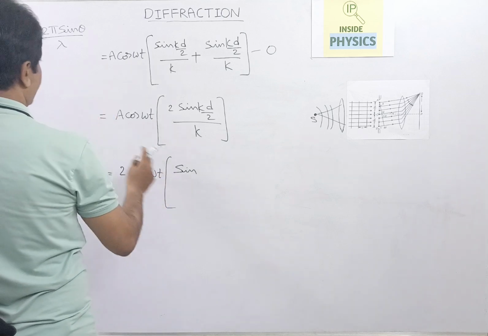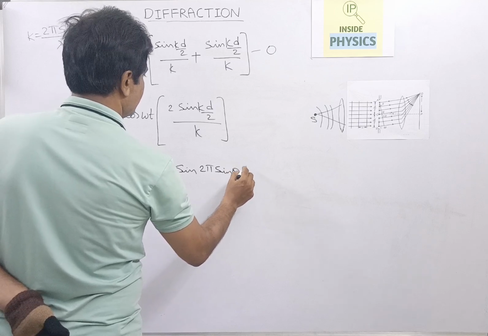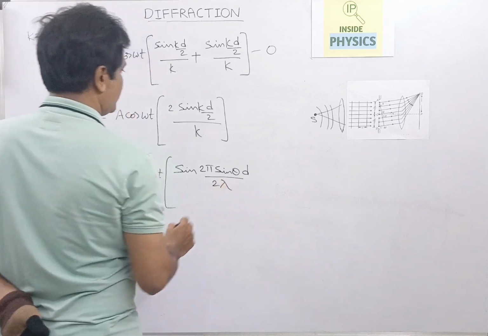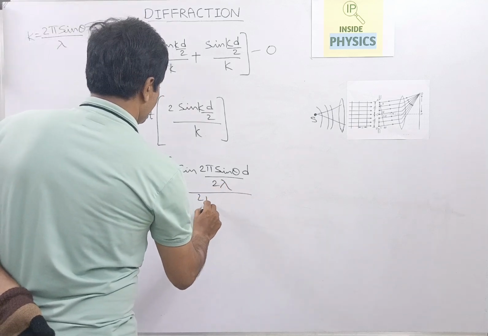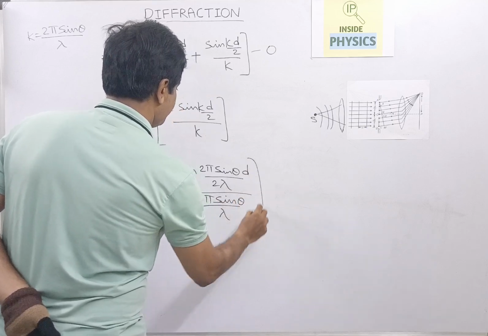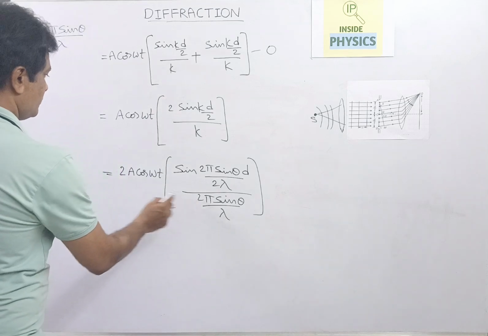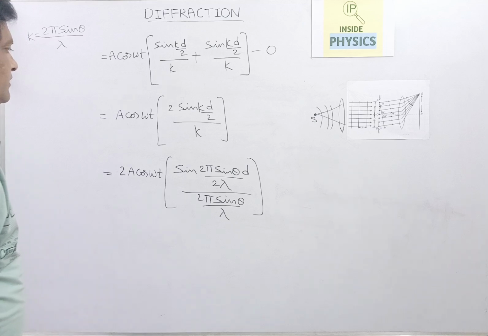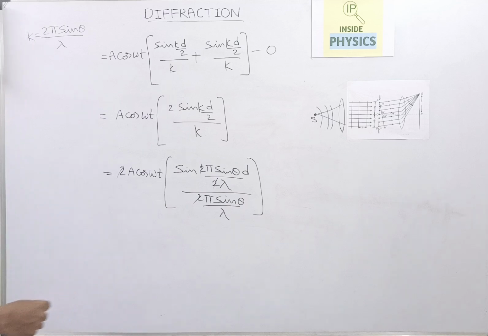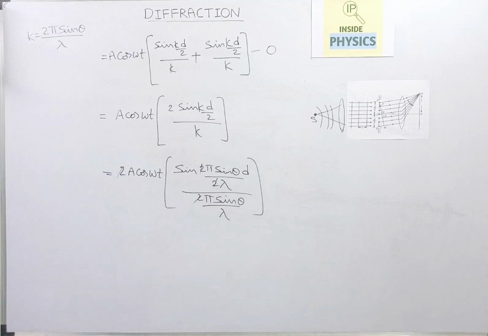See, k is 2 pi sin theta d by lambda, into 2, there is 2 here, and by k, 2 pi sin theta by lambda. Here these two will get cancelled, these two and these two are cancelled, and this one and this one also got cancelled.